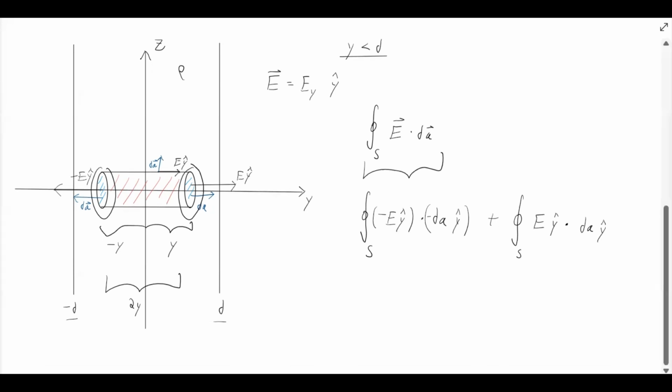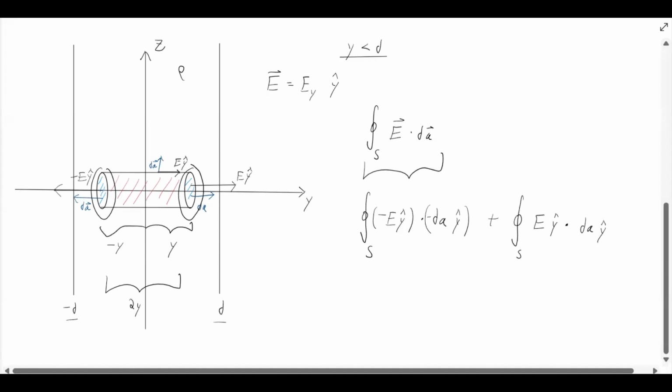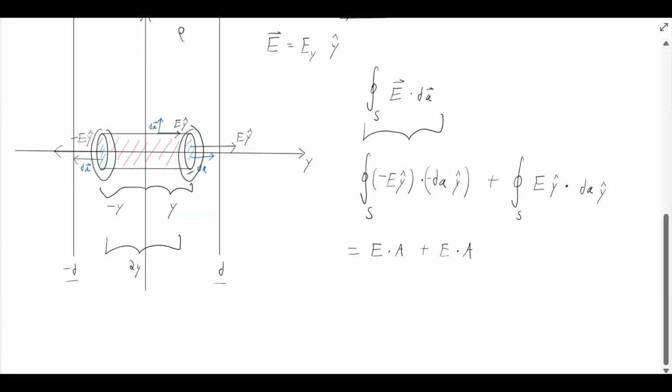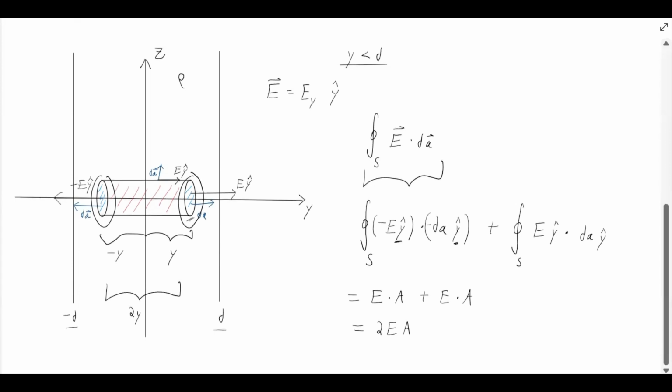And so for both integrals, this would equal E times the area of the face, so plus E and then A. And so when we dot the y hats, they'll be 1. And so this integral will now equal E times 2A, which will be the left-hand side of our equation for Gauss's law.